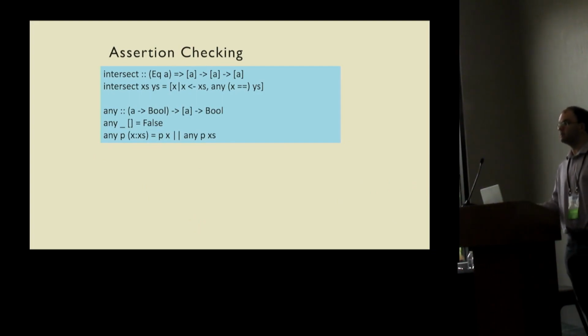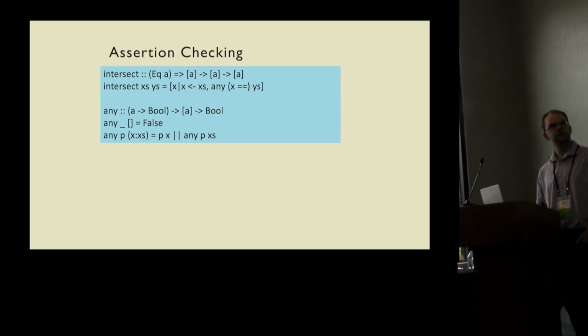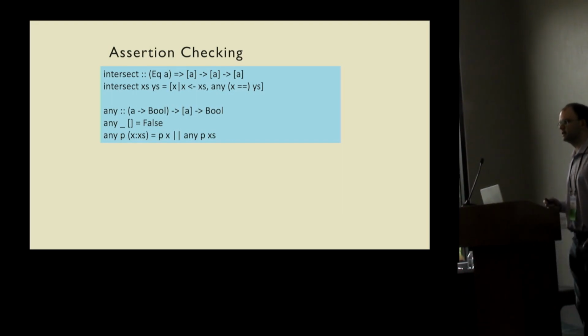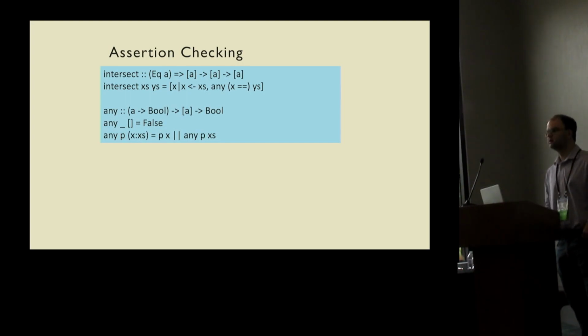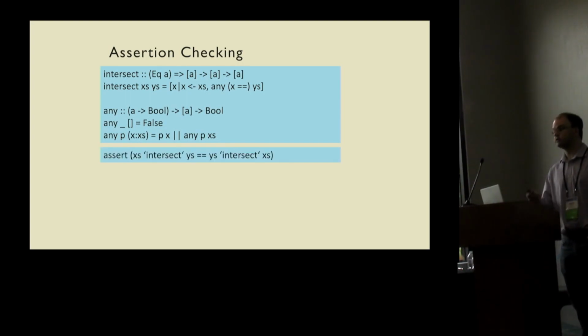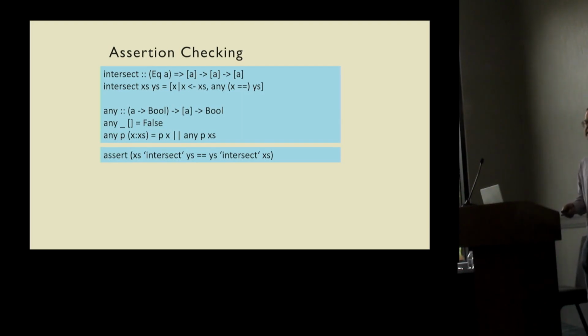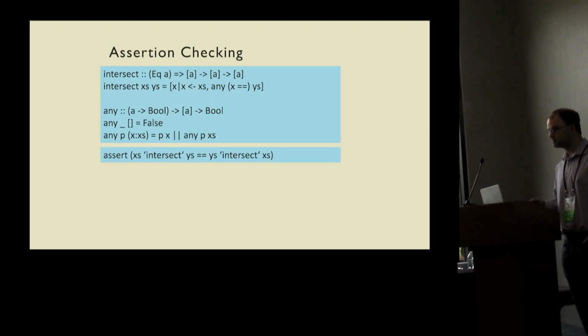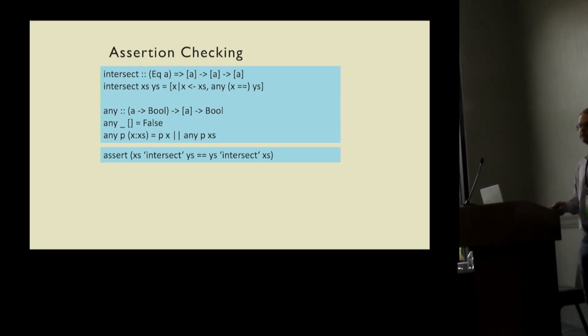One of the ways people often use this is to find assertion violations. So here I have a function intersect that takes two lists and computes the intersection of those lists. And we might think that intersect should be commutative. So if I take xs intersect ys, that should be the same as ys intersect xs. I can try to test this with symbolic execution and see, can I find a counterexample?